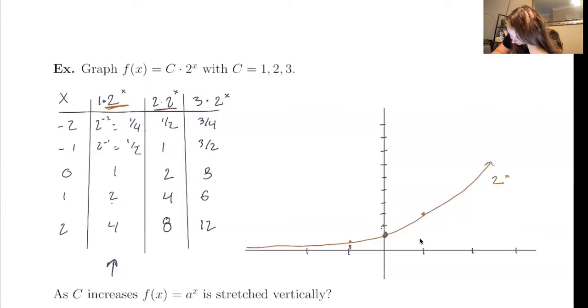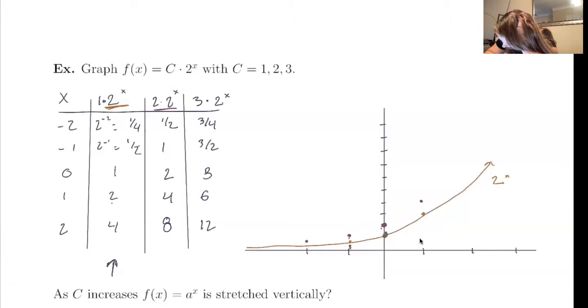So I'm going to start at 2 now, and then be at 1, and then be at 1/2. And then at 1, it's going to be at 4. And then at 2, it's going to be at 8.